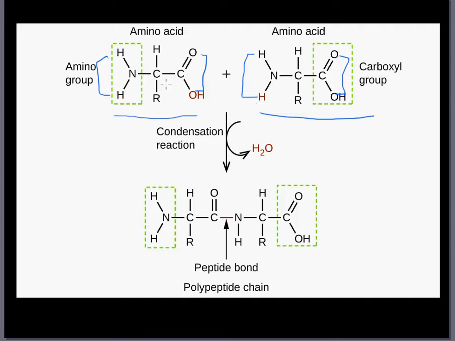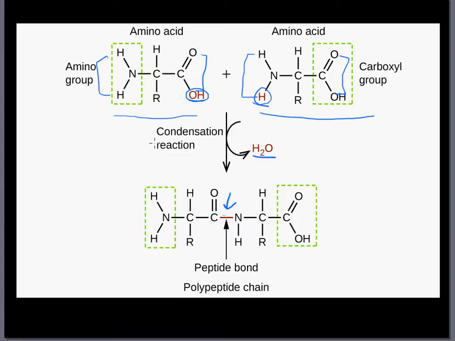Okay, so we're going to take water off. You can see they're taking the OH off of there and H from the amine group. That's our water that's released. And this bond that forms right there between the carbon here and there creates the peptide bond.